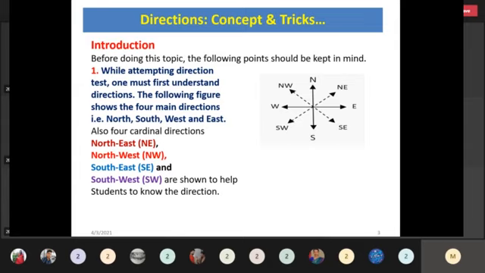So before taking up problems of direction sense, you need the 4 important directions and the other 4 cardinal directions. Totally, you are supposed to learn these directions very correctly. Otherwise, it will be slightly difficult for you to answer these questions.